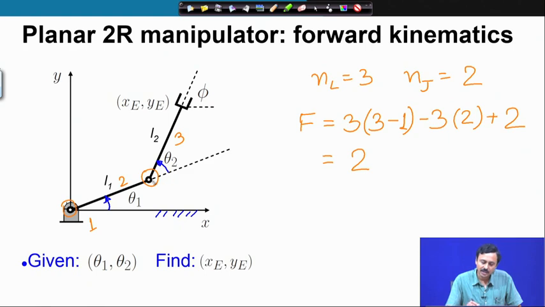Theta 2 is being measured from the line of link 1 or this link 2. So, theta 2 is being measured as an angle between the second link and the third link. Theta 2 is not measured from the horizontal axis. Theta 2 is being measured from the line of the second link.